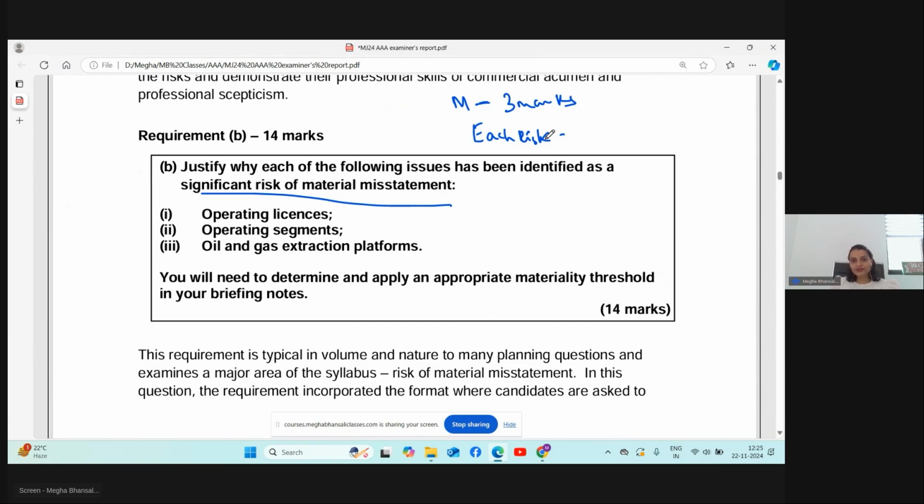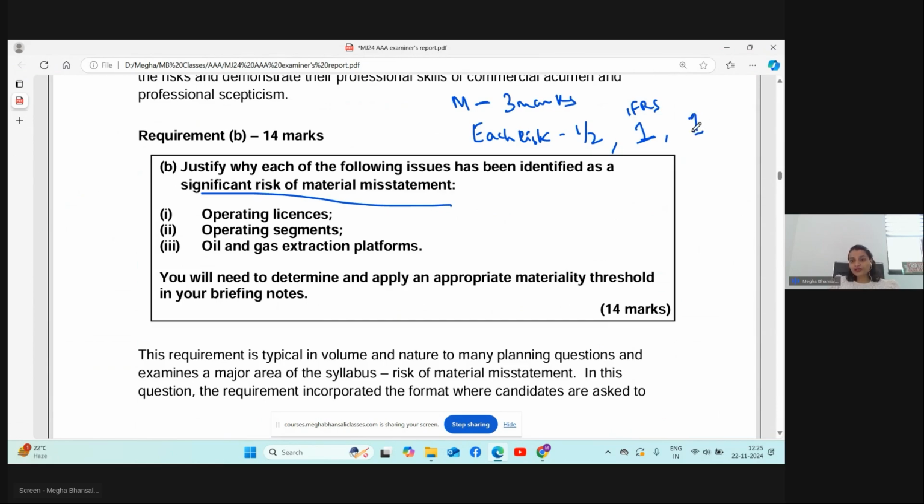For just putting this statement, you'll get half a mark, just comparing this amount with the materiality amount. Then, if you are stating any IFRS, you get 1 mark for that. So, what is the IFRS saying? IFRS is saying amortize intangible asset over its economic useful life. That's what my IFRS is saying. Then, explaining the issue. So, how will you explain the issue here?